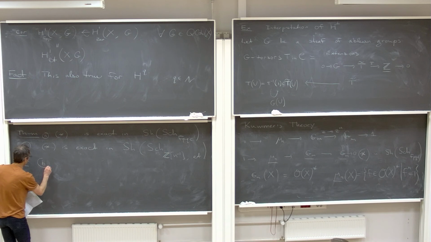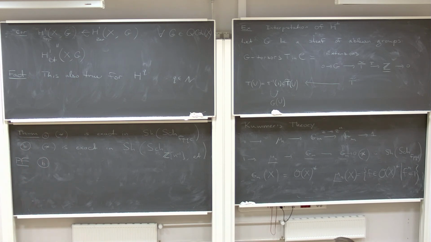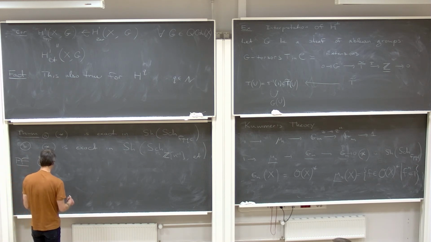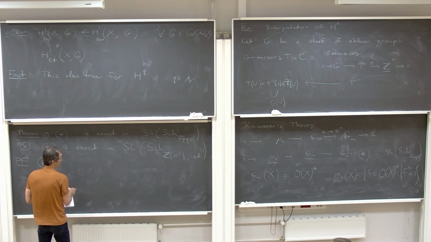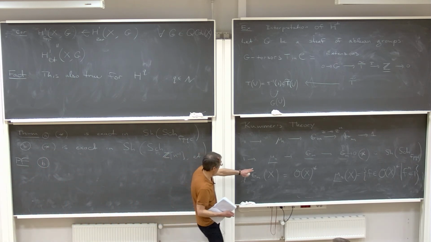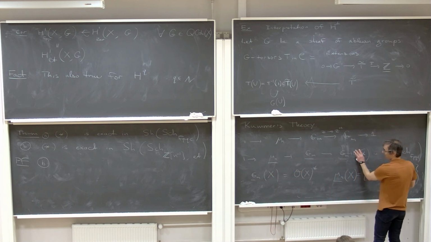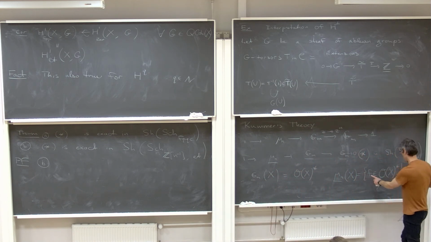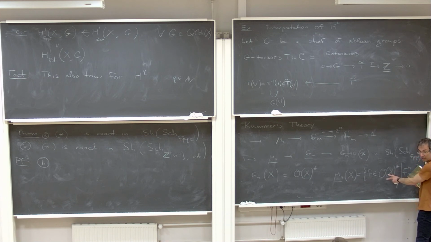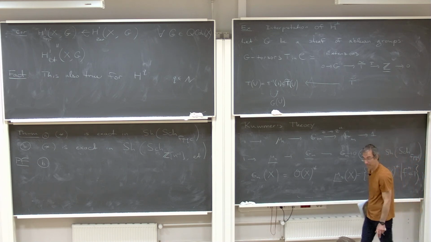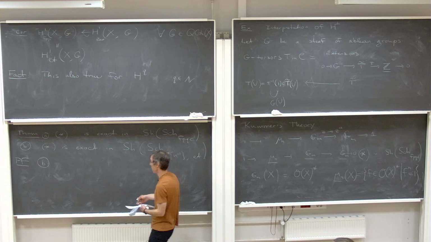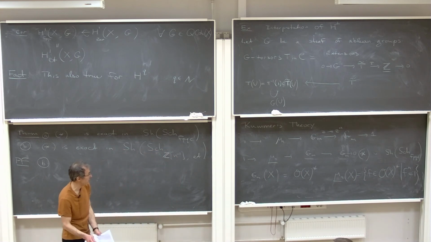So what do you need to prove for B? The fact that this sequence is left exact is automatic. It's left exact as a sequence of presheaves. What is non-trivial is surjectivity of the last map.